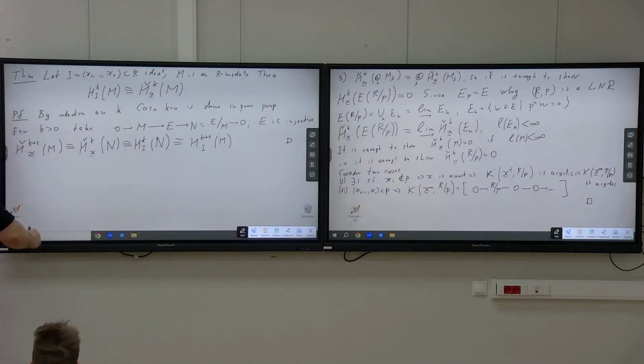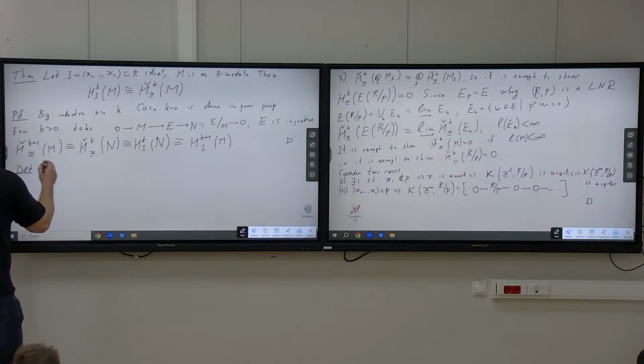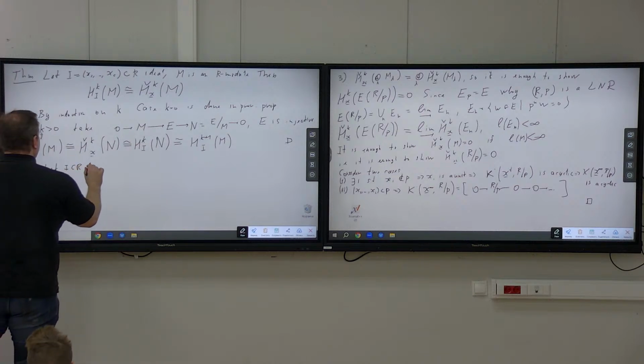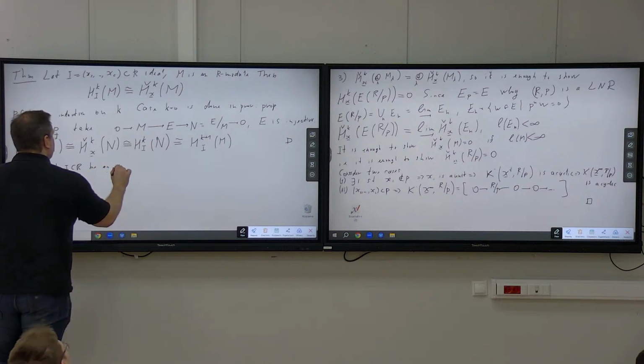Okay. Now I have two definitions that I need to give. The definitions are kind of independent, they define different things, but they go one after another, and there are no statements between them. So let I in R be an ideal.